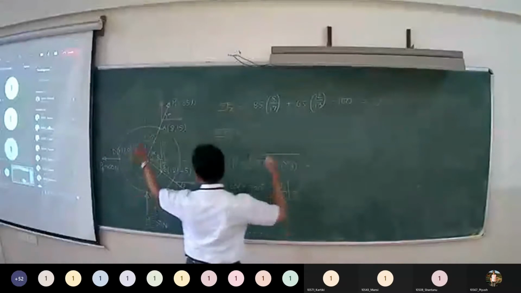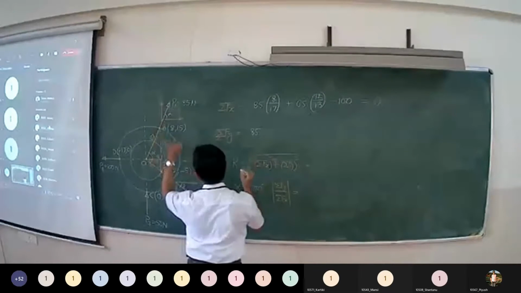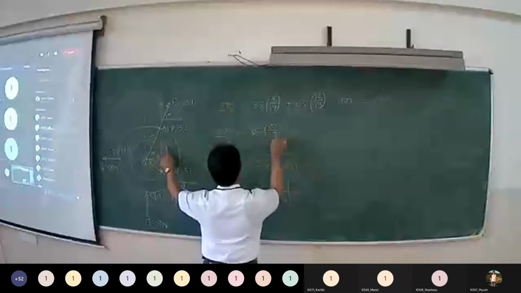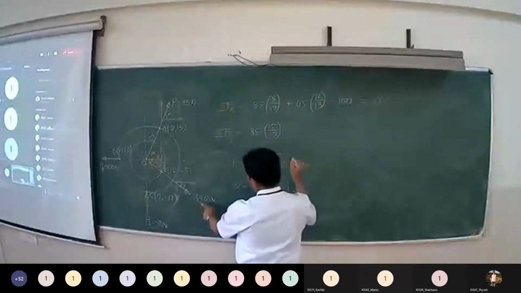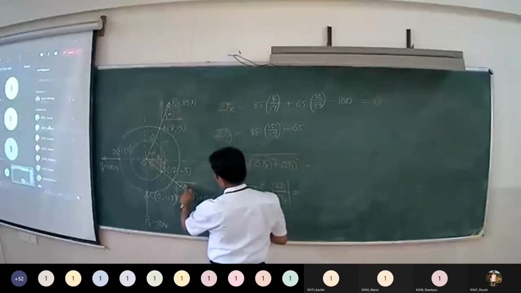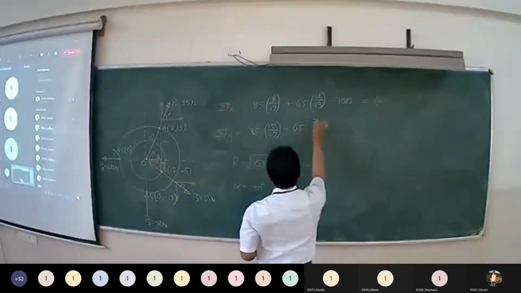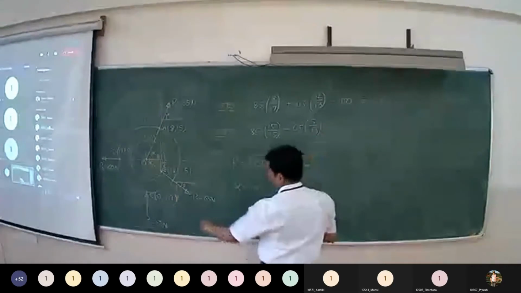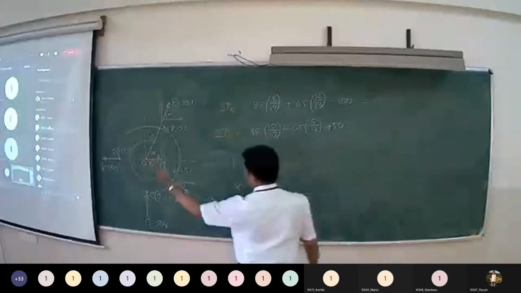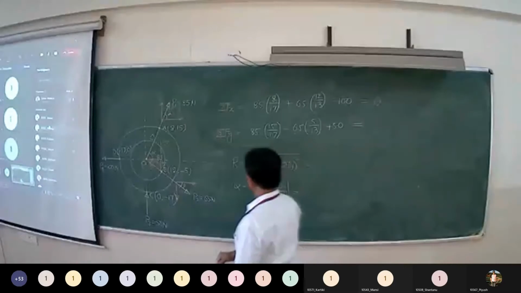So for summation Fy, y component of P1 is 85 sin alpha. Sin alpha means 15 upon 17. Y component of P2 is minus 65 sin beta. That is 5 upon 13. For P3, plus 50. For P4, 0. So the sum is equal to 100.